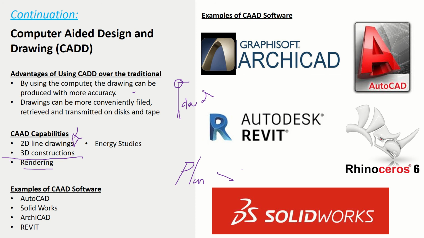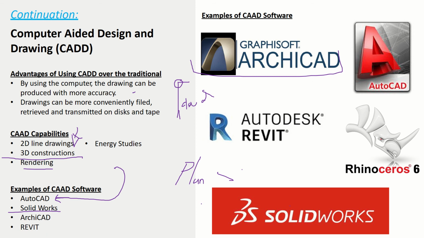So there are different types of CAD softwares, and the one we're going to look at is AutoCAD. It's a popular one. It's not the one I really use, but this is one of the popular softwares that we use. Then there's also a software called SolidWorks, which is this one. Then we have ArchiCAD. I believe a number of you should know what ArchiCAD is.